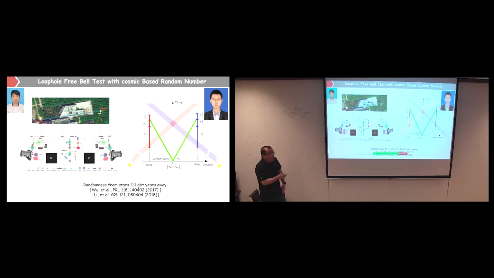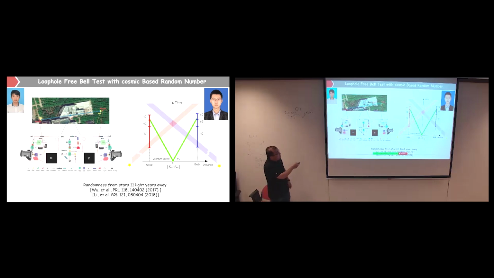It's a single photon. If it collapses in the first time slot, you take it as 0, and if it is in the second time slot, you take it as 1. So you can use the star emission as a kind of random number. And this one gets another star. These two stars are about 11 light years away. So we use that randomness to do the basis choice.